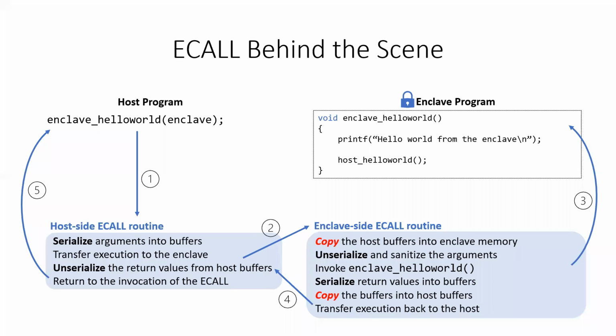So after the enclave gets the arguments passed from the host and does any sanitization check, it will finally reach the point to invoke the ecall implemented by the enclave program. And after the execution, it will similarly copy any return value back to the host, and then at this point transfer the execution back to the host.